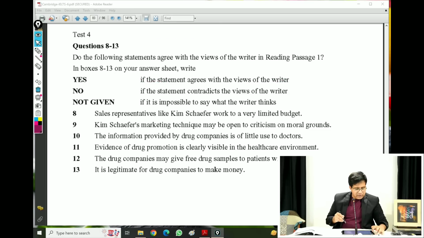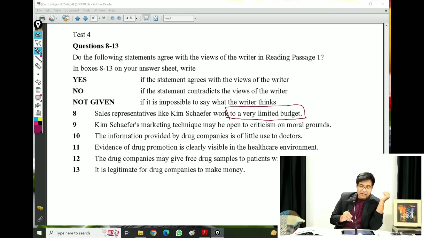The question is, sales representative Kim Sheffer worked to a very limited budget. The way they mentioned all the things, it means he works with a sort of unlimited budget. That is why the answer is no. It's not given. They have mentioned all the things that he buys and all that stuff.